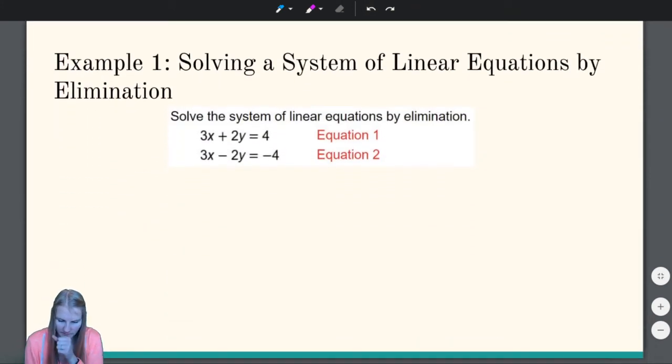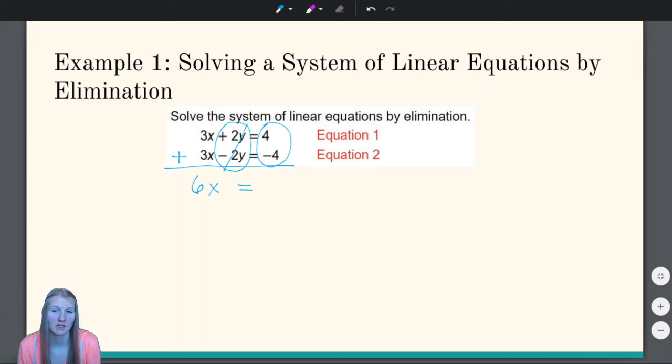So let's add these equations together. 3x plus 3x is 6x. 2y minus 2y is 0. The y's are gone. So I can just write equals 4 plus negative 4.